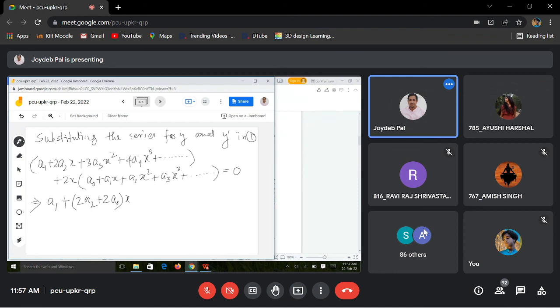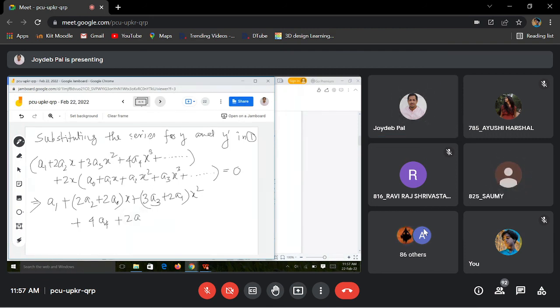Yes, sir. Then what is the coefficient of x square? You write. From the first it is 3a3, and from the second x square 2a1. Then x cube 4a4 plus 2a2. And I am writing the rest of the terms as dot.